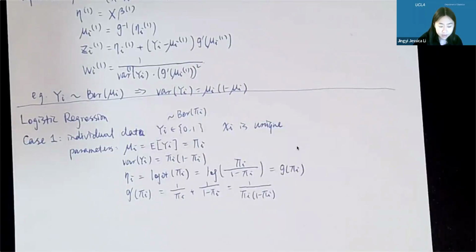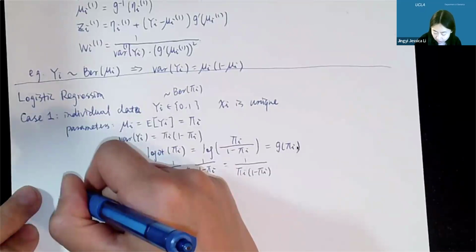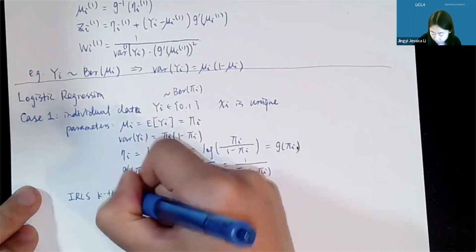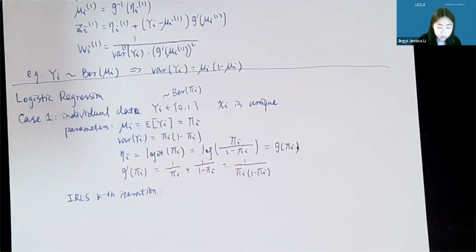Okay, then in the kth IRLS iteration, we want to update these parameters.